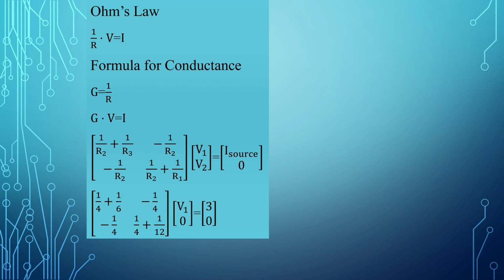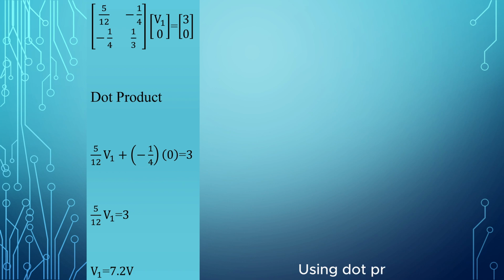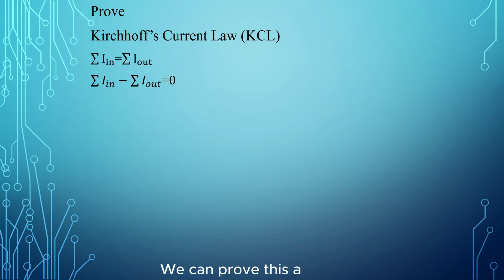In this equation, V represents the vector of node voltages and I represents the vector of currents flowing into the nodes. Using the dot product, the node voltage can be efficiently calculated as shown here, where the final answer V1 is equal to 7.2 volts.